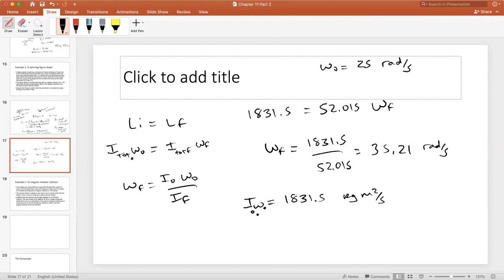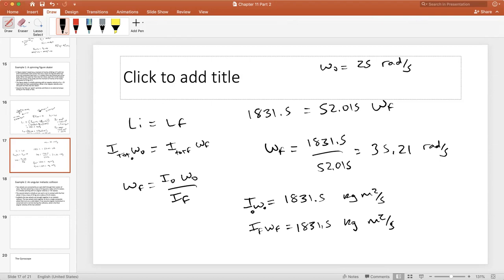And this, I final omega final, is 52 times 35.21 basically, which is still about 1830, right? So 1831.5. I'm writing this to illustrate that the angular momentum of the figure skater doesn't change.